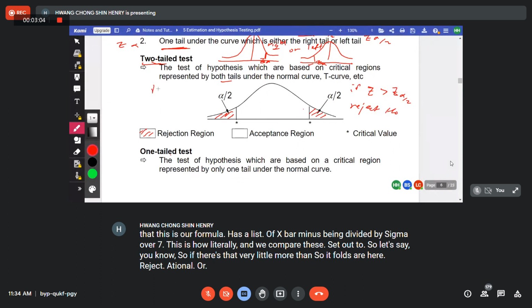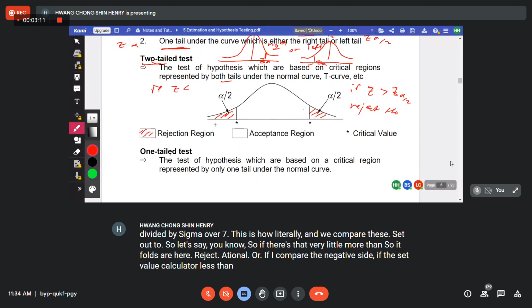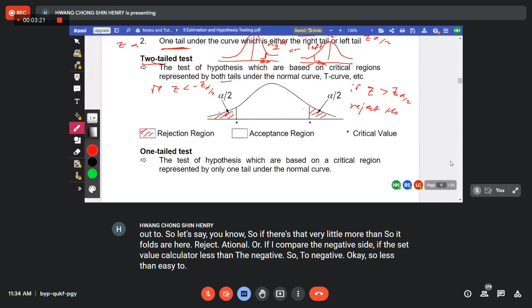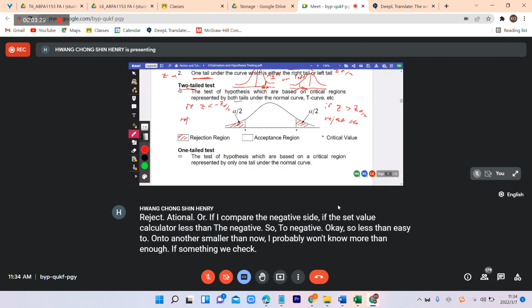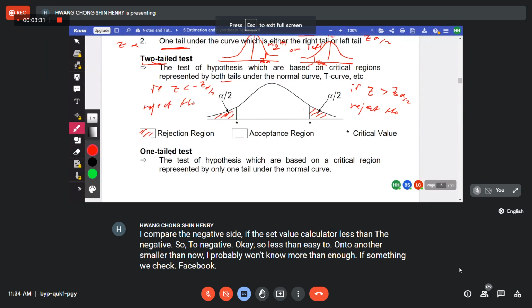Or if I compare the negative side, if the Z value you calculate is less than negative Z alpha over 2, so you fall into the left-hand side, smaller than, I hope everyone knows more than and less than now, the same thing, reject H0. This is for the two tail test.